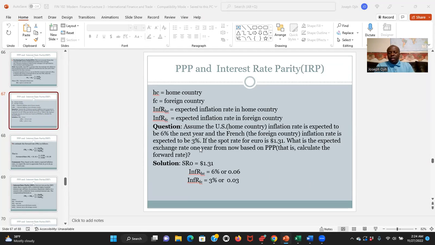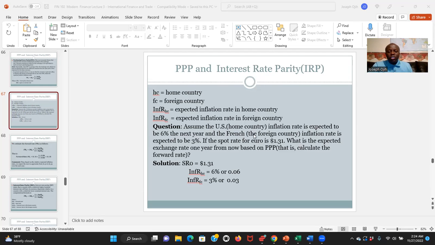So let's look at one question. Let me make sure you are seeing this. Okay, you're seeing it, good. It says, assume the US, which is the home country for me, inflation rate is expected to be 6% the next year, that means 2023.